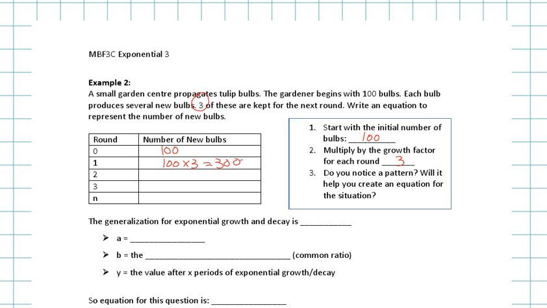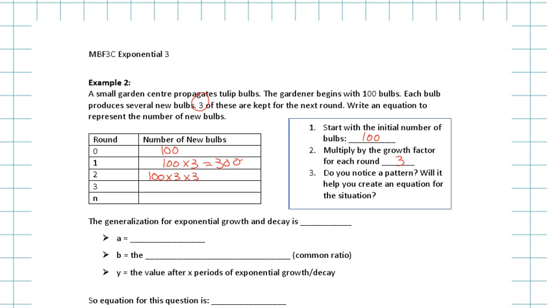So I'm multiplying the 300 by 3. Look what I'm going to write though. Instead of writing 300, I'm writing 100 times 3, and then multiplying it by another 3. This is 300 times 3.